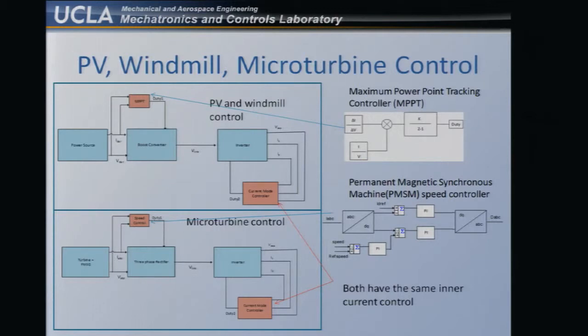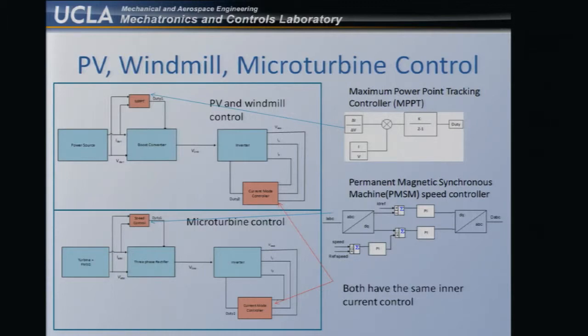This shows the typical way people would do the power electronic control. There's one for PV and windmill and one for microturbine. For PV and windmill, typically we have this MPPT, the maximum power point tracking, to just get maximum power out of this power source. This is not our focus here. Our focus is really the inverter control.